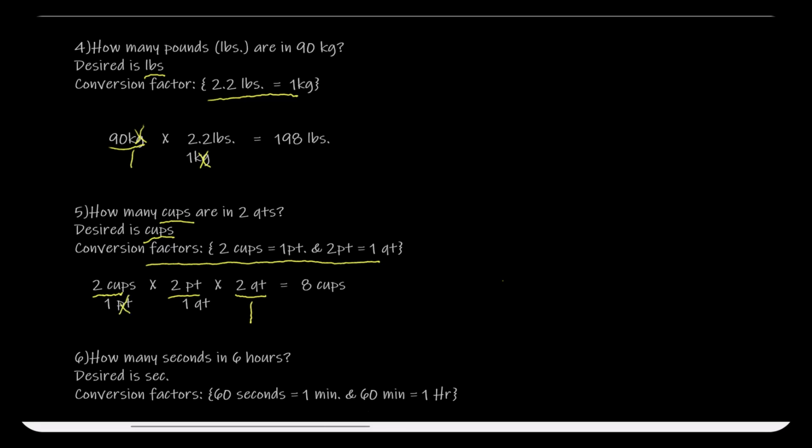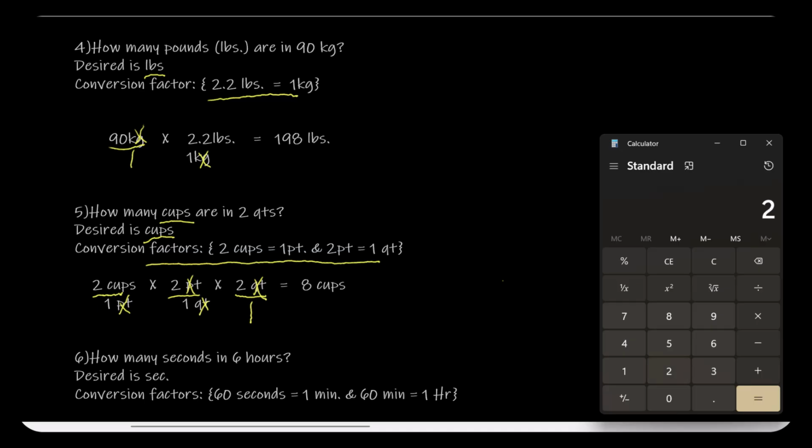Next, we cross-cancel unwanted units. Pints cross-cancel, quarts cross-cancel. We are left with cups in the numerator position. Next, we multiply across. 2 times 2 times 2 equals 8 cups.